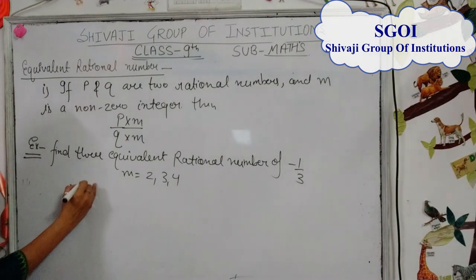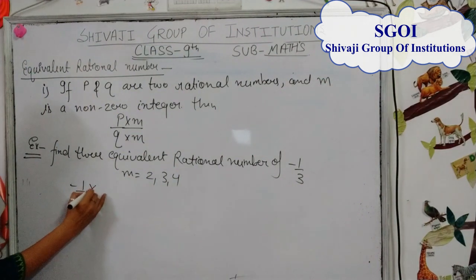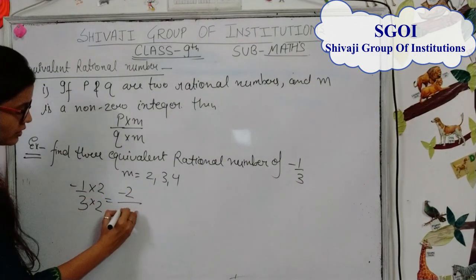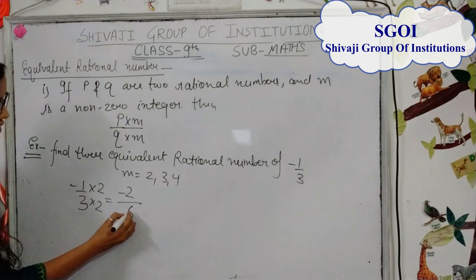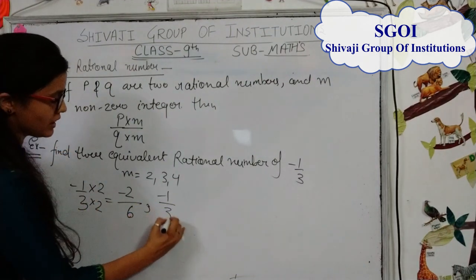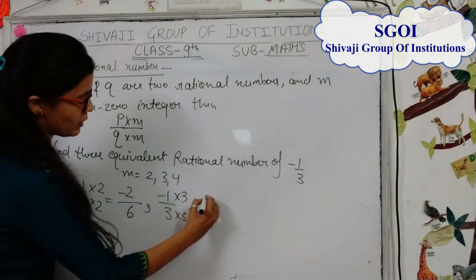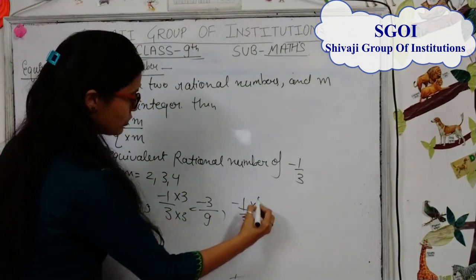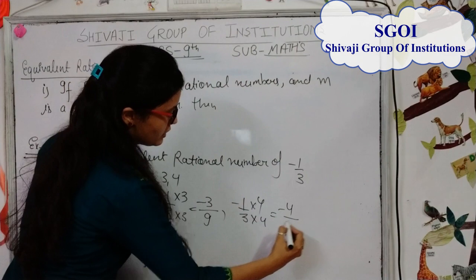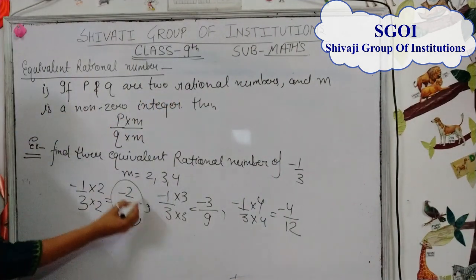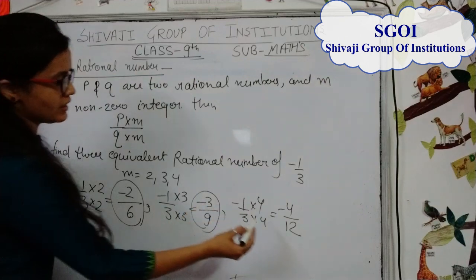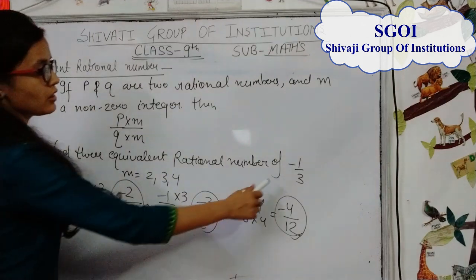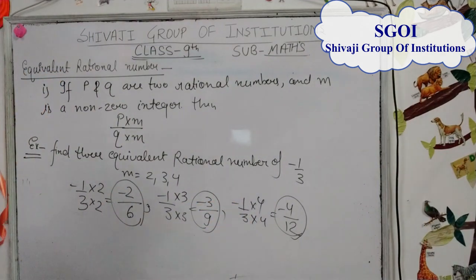Now when you multiply minus 1 upon 3 by 2 in numerator and denominator, the number becomes minus 2 upon 6. Again, when we multiply by 3, the number becomes minus 3 upon 9, and minus 1 by 3 into 4 is minus 4 by 12. Then minus 2 by 6, minus 3 by 9 and minus 4 by 12 are the 3 equivalent rational numbers of minus 1 by 3.